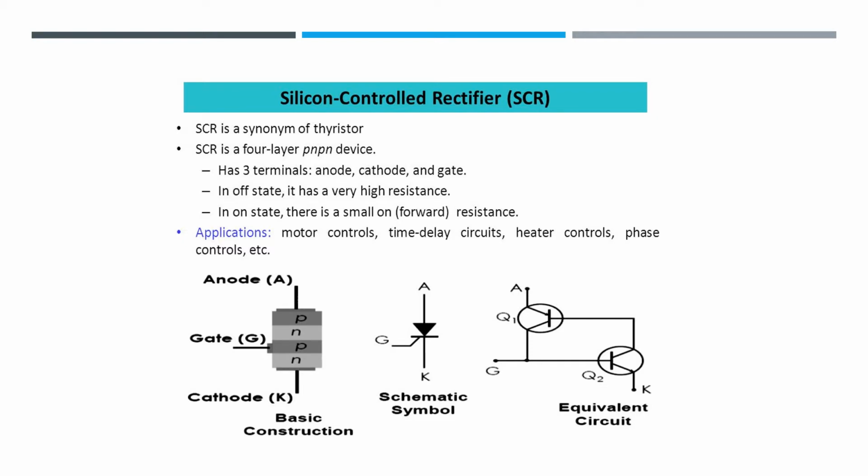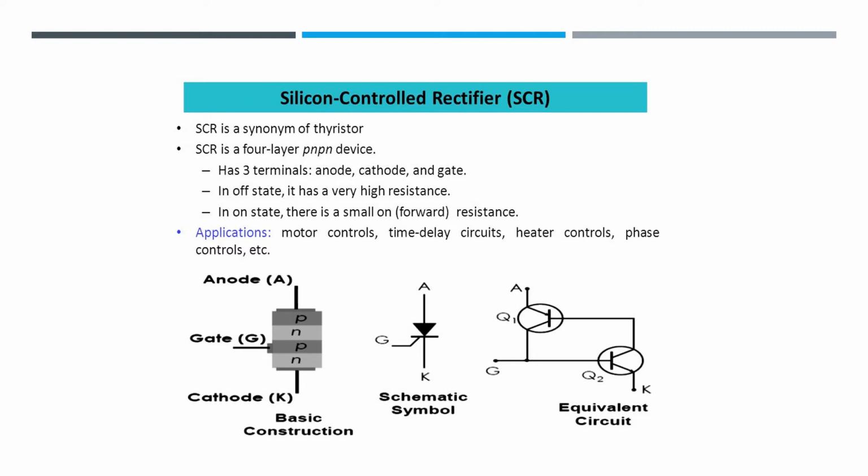SCR is a four-layer PNPN device which has three terminals, as I mentioned earlier: anode, cathode and gate. In the off state, it has a very high resistance and in the on state there is a small resistance.